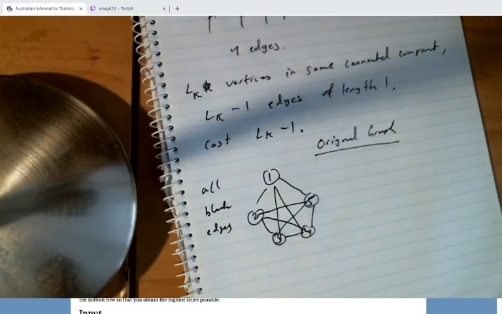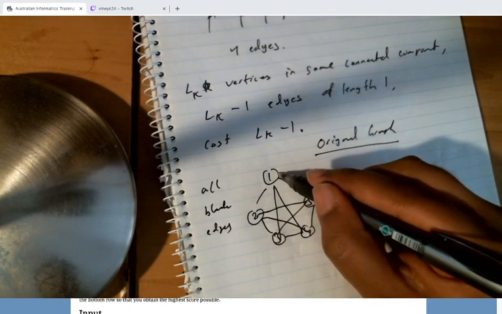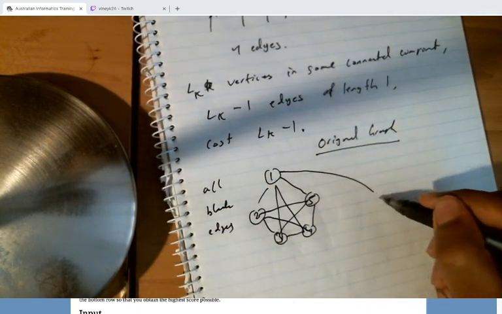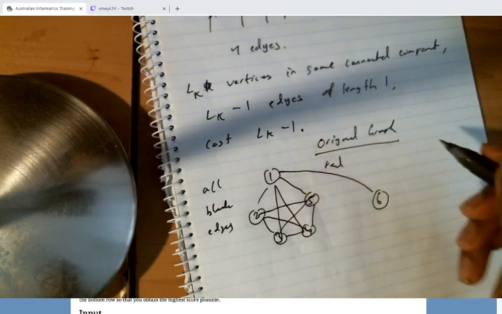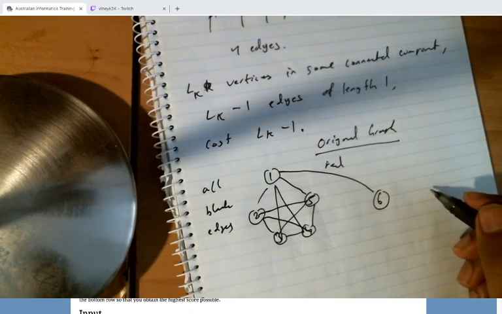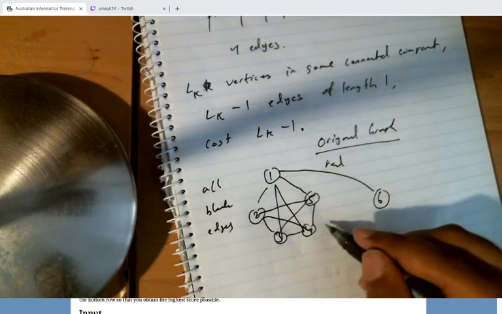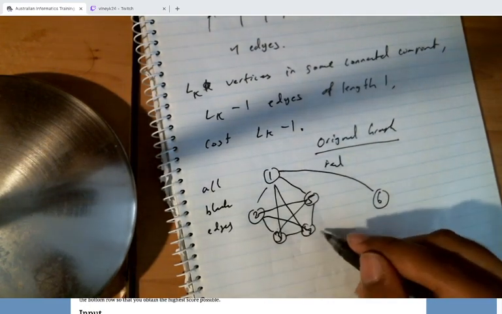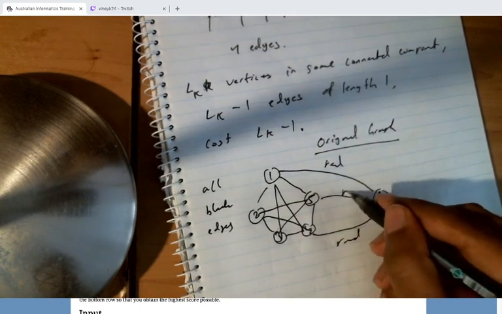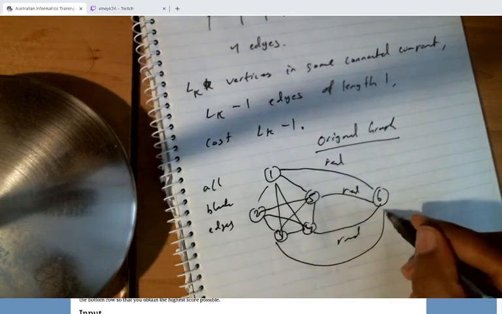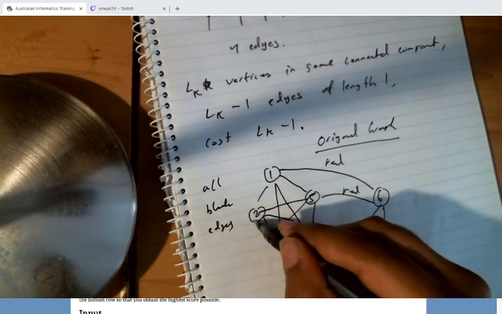And we also had, for example, a red edge like this, a red edge of length like this, and like this, red, red, and red.